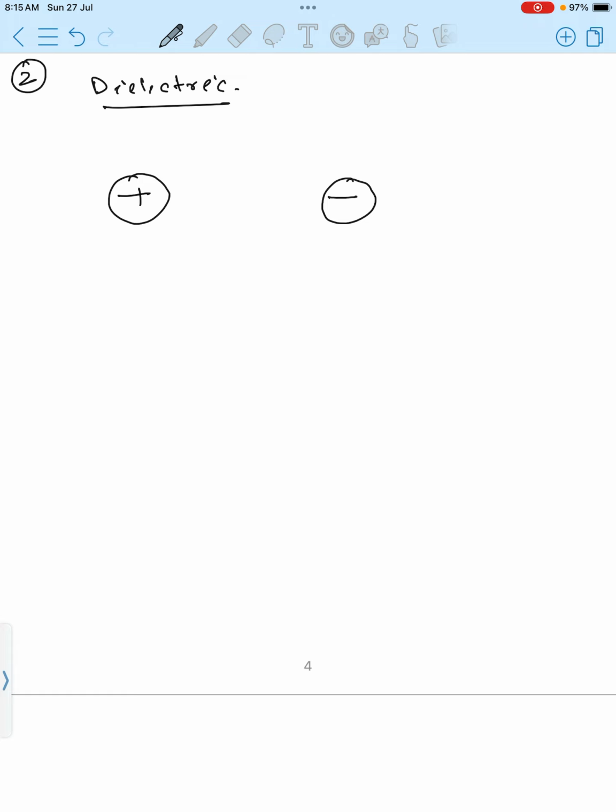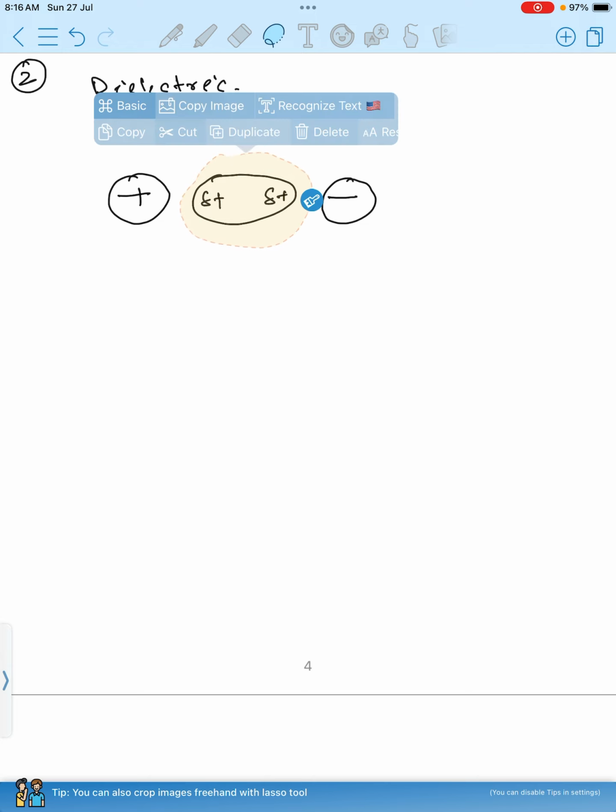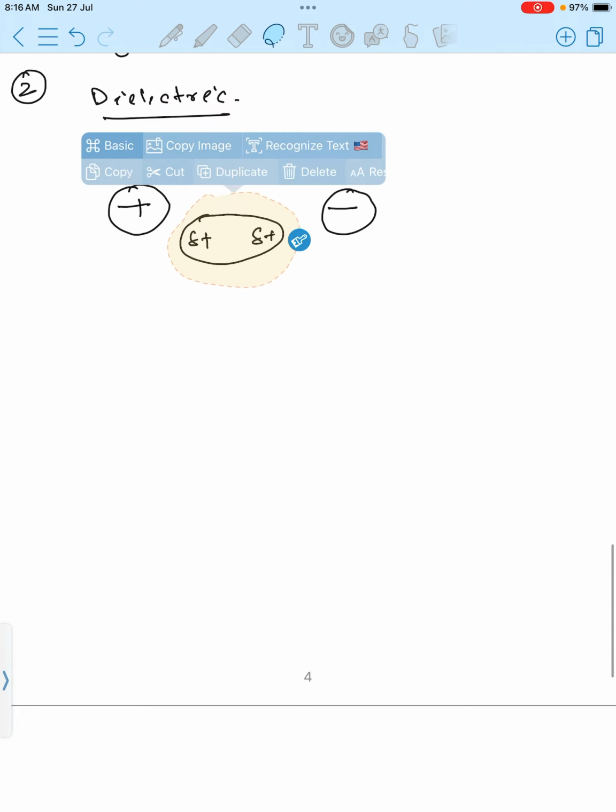Obviously the positive ion will be associated with the negative dipole of the solvent molecule, whereas the negative ion will be associated with the positive dipole of the solvent molecule. For the sake of simplicity, I am considering only a single solvent molecule. Before that, let us say no solvent molecules are present in between them.